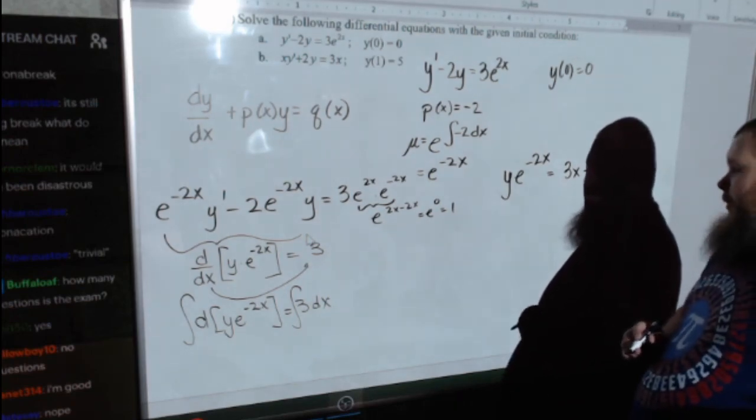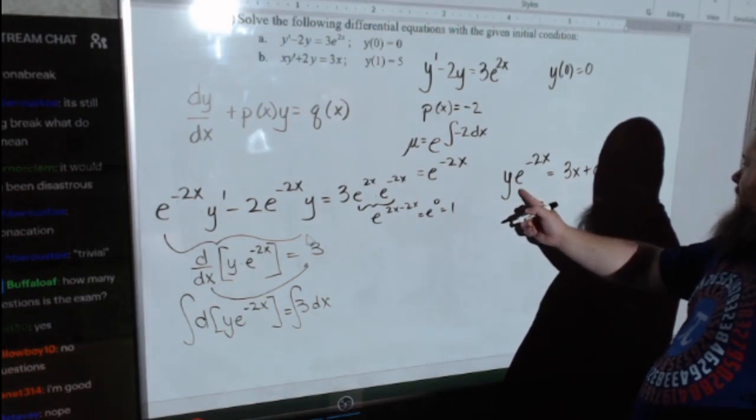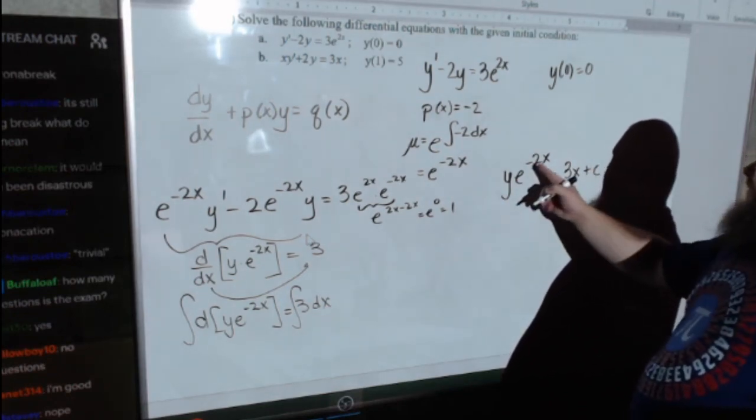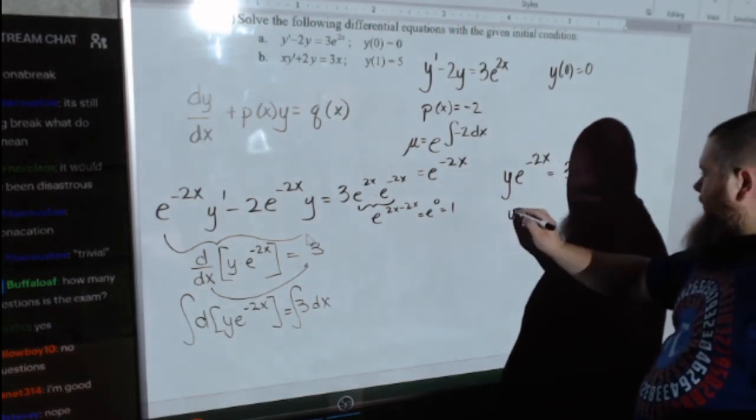And then if I want y by itself, just divide by e to the minus 2x, or multiply by e to the positive 2x.